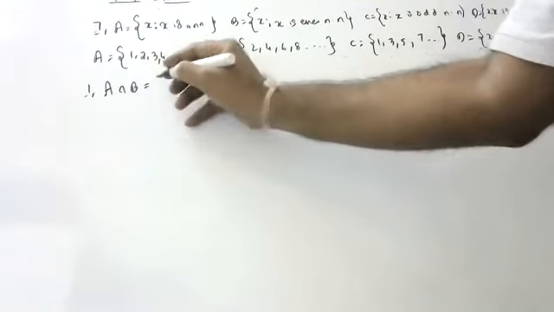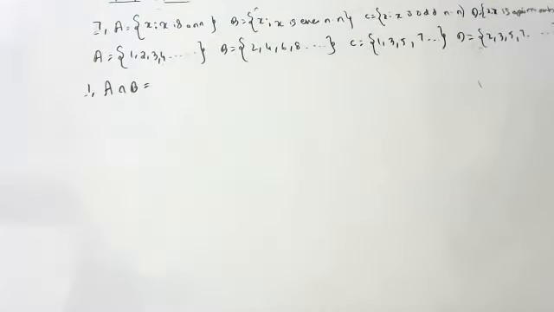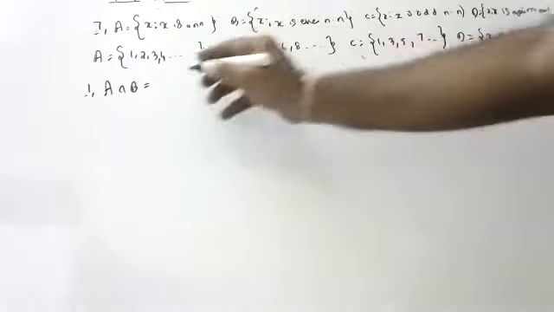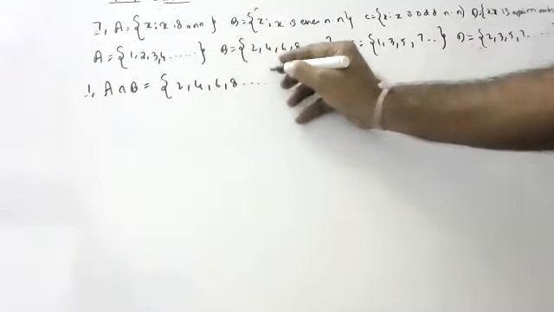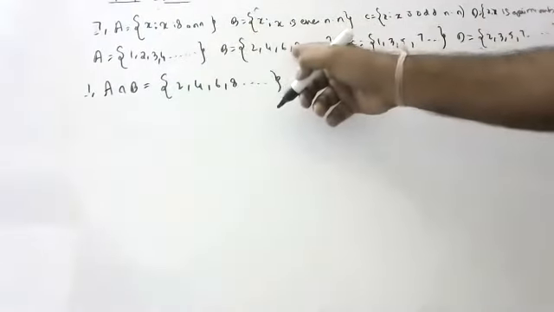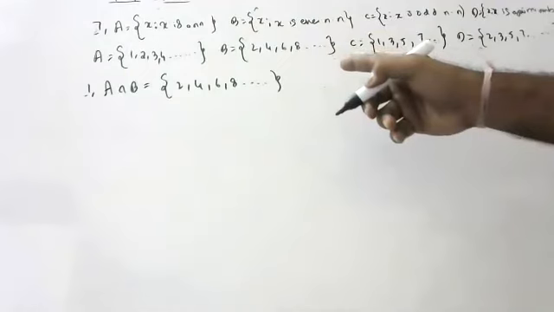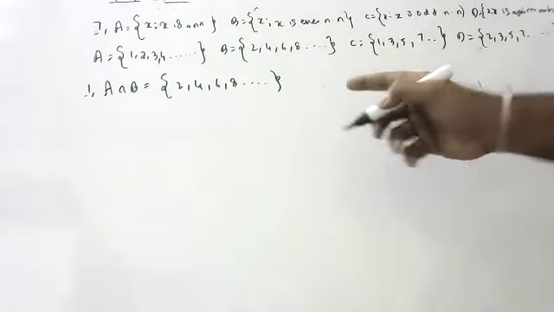First question. What is A intersection B? A intersection B is 2, 4, 6, 8, and so on, including 10 and 12.